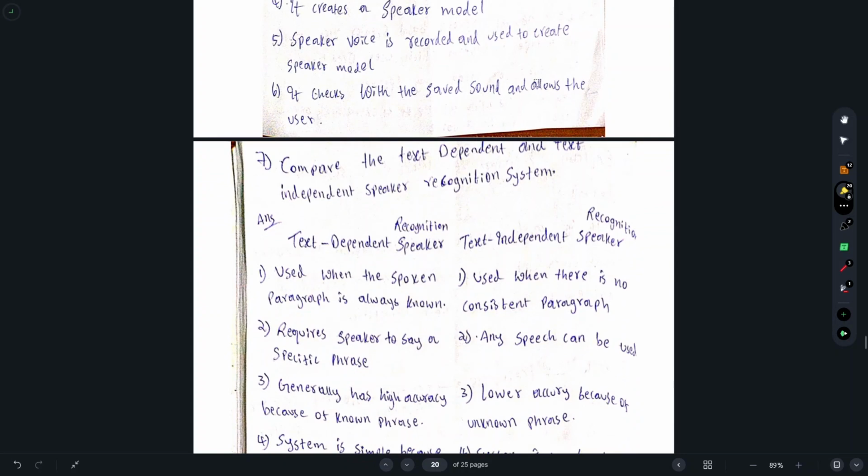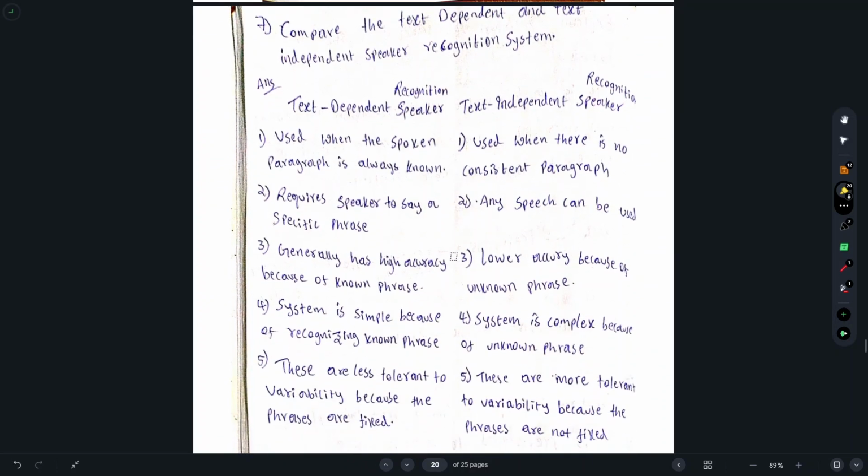So compare text-dependent and text-independent speaker recognition systems. In text-dependent, the phrase is known for that particular system, and in text-independent the phrase is not known. It needs to recognize the speaker by the way in which he speaks. The text-dependent one requires the speaker to say a specific phrase, and in the text-independent one the speaker can say anything.